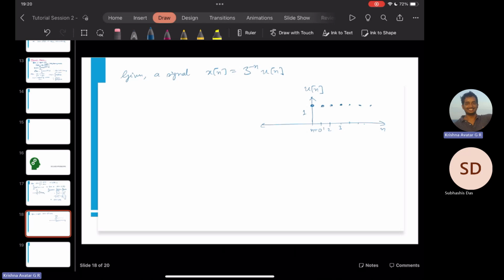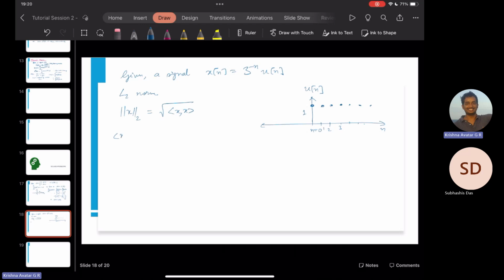Now, given the signal, let's determine the L2 norm of the signal. The L2 norm, as you recall, is nothing but the inner product of the signal with itself.